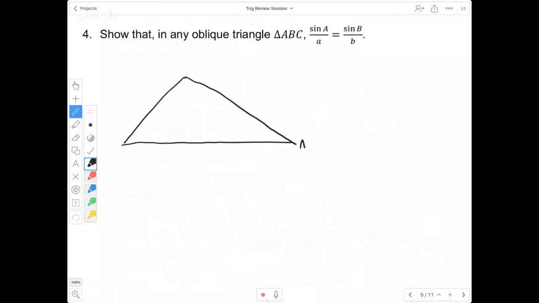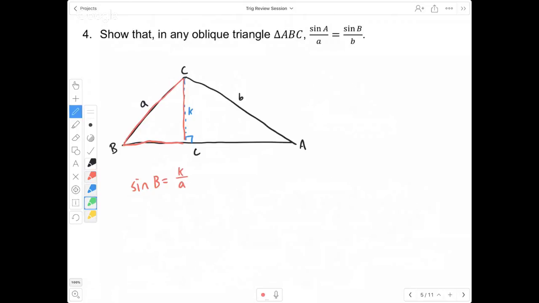I'm going to say here's angle A, angle B, angle C, side A, side B, side C. I'm going to sketch the altitude to side C, and call it K. In that case, in this red right triangle, the sine of angle B is equal to the opposite side K over the hypotenuse A.